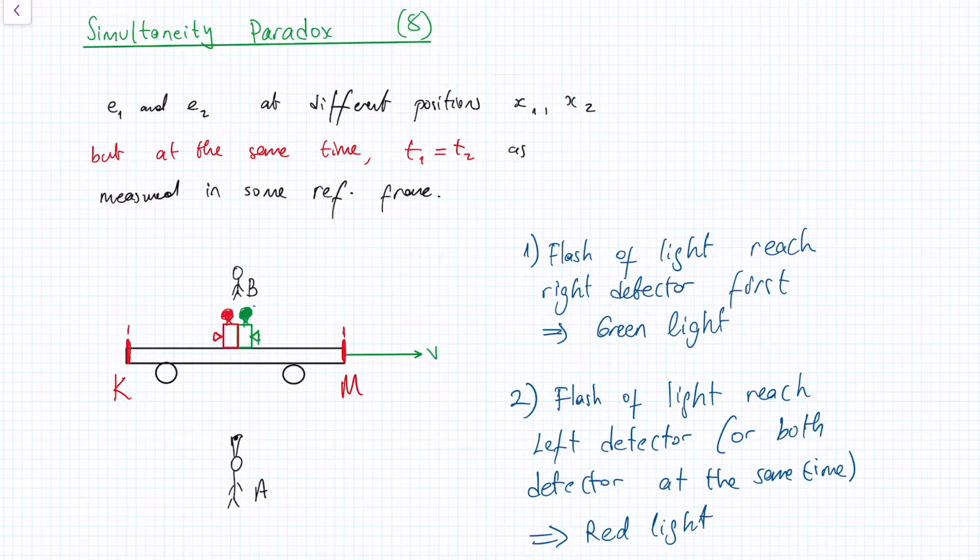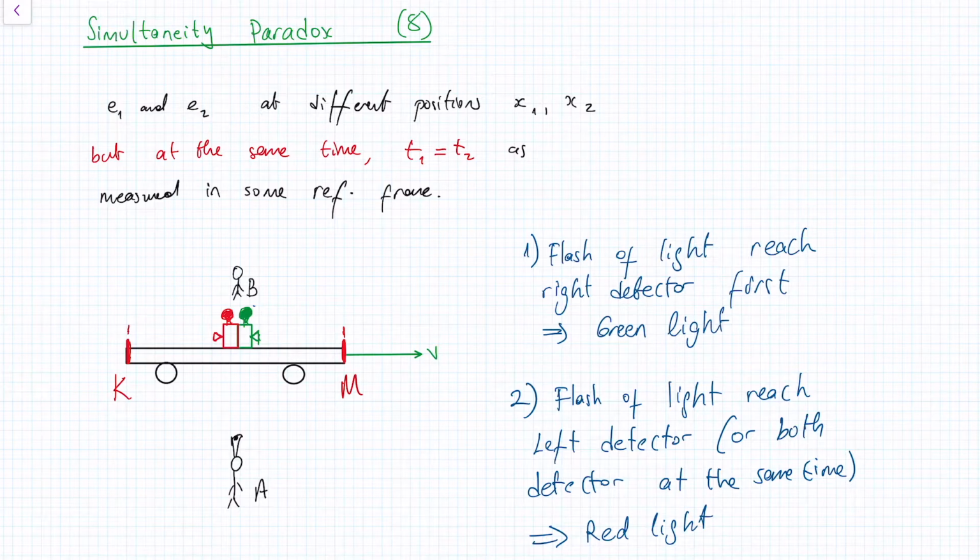If the flash of light reaches the light detector first, in other words, if the light from here reaches the light detector first, the observers will see green light flashing from this detector here, right? And the second rule is that if the light reaches from K on the left first, or if light reaches from left and from right at the same time to the detectors, observers will see red light. Okay, so those are the rules of the game, right?